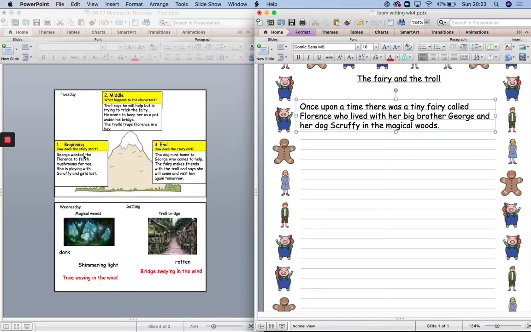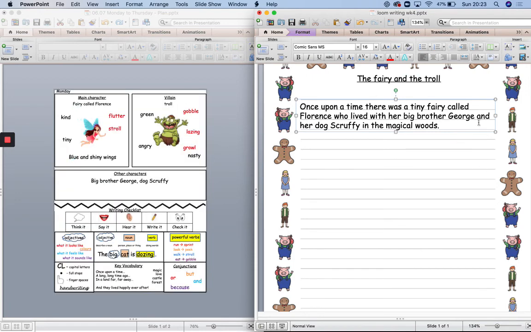What did Florence do? So George wanted Florence to fetch mushrooms for tea. So I'm going to start by using a time conjunction, one day.